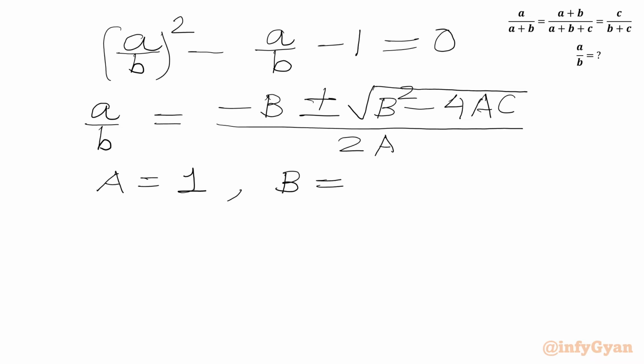Capital B, the coefficient of a over b, is minus 1. And capital C is the constant, minus 1.